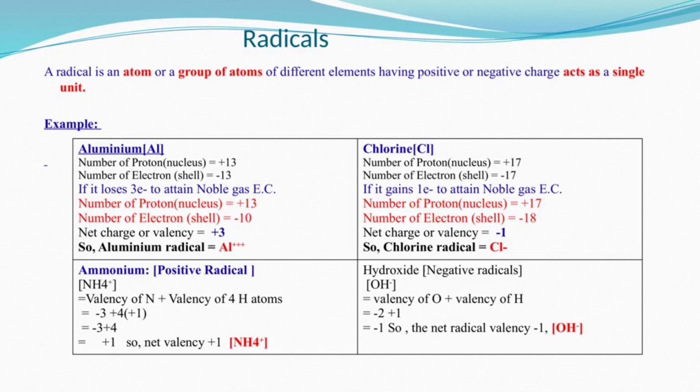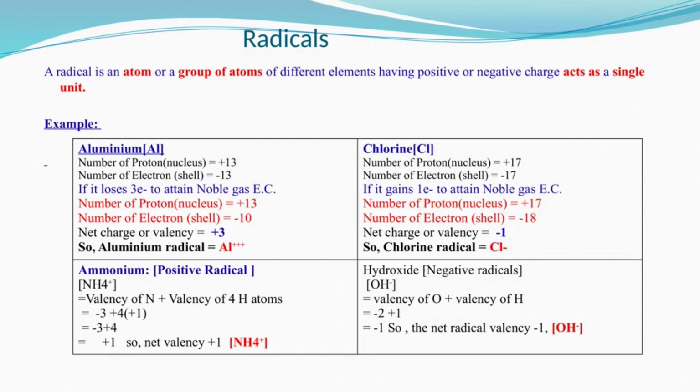Look at aluminum. In aluminum as a neutral atom, the number of protons in the nucleus is plus 13 and the number of electrons in the shell is minus 13. If it tries to attain the electronic configuration of a noble gas, it will lose its 3 electrons.